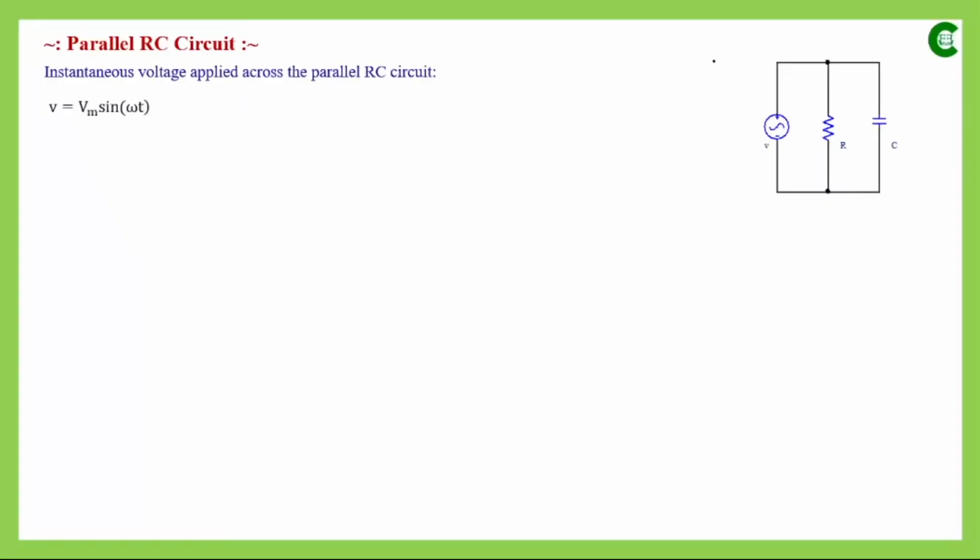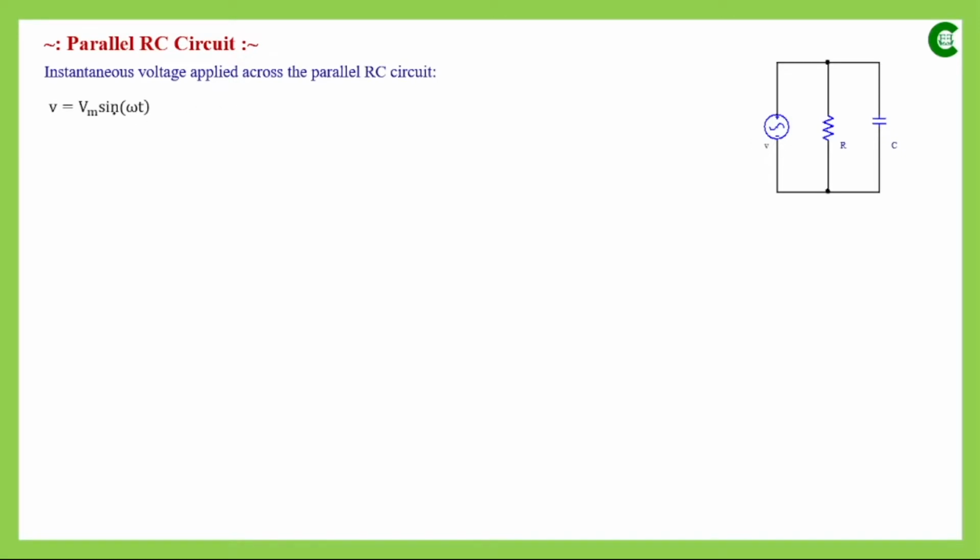Now as we can see here, we have a parallel branch having a resistor and a capacitor, and across that parallel branch we are applying an AC sinusoidal voltage, and small v here represents the instantaneous value of that applied voltage. Since this is a parallel branch, the voltage drop across every component or branch is the same, and the current that flows through every branch may or may not be the same.